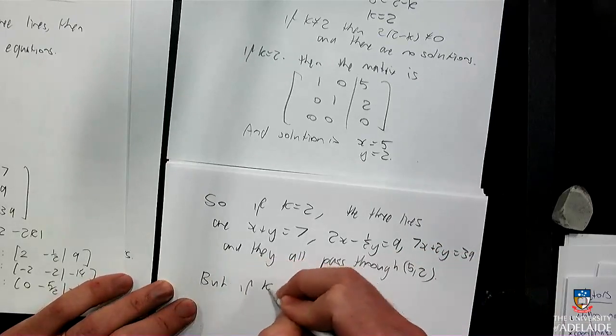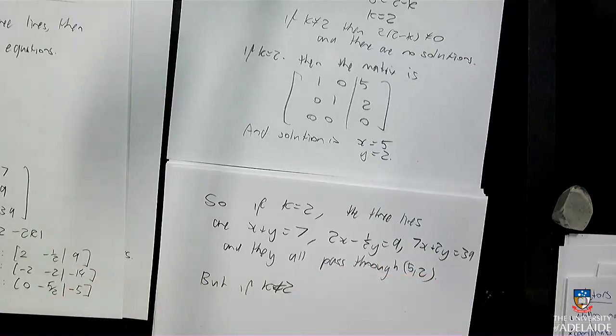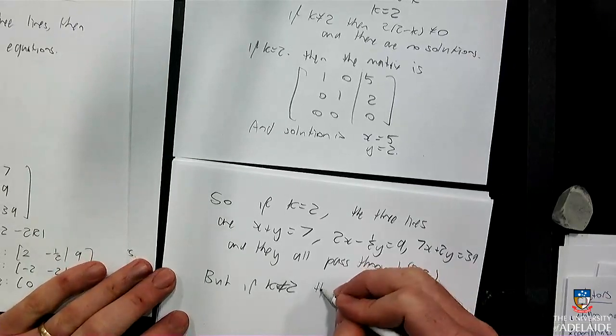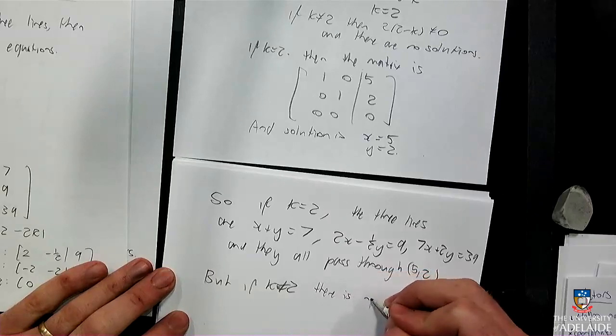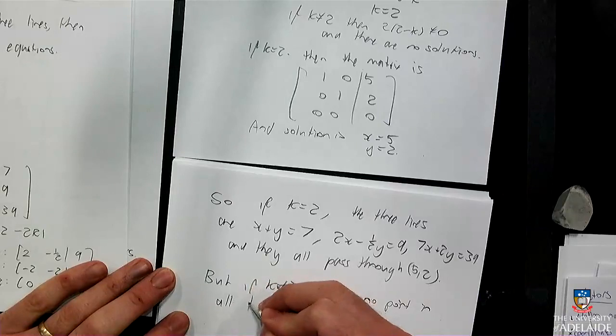But if k is not 2, now we don't have to say k is not 7, because if k is 2, k is not 7. If k is not 2, there is no point in all three lines.